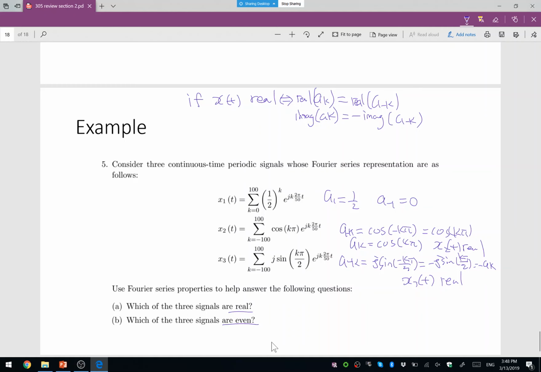So the next question is asking, are these signals even? There is also a property 3.5.3, given that x(-t) has a Fourier series coefficient a_{-k}, right? Am I right?